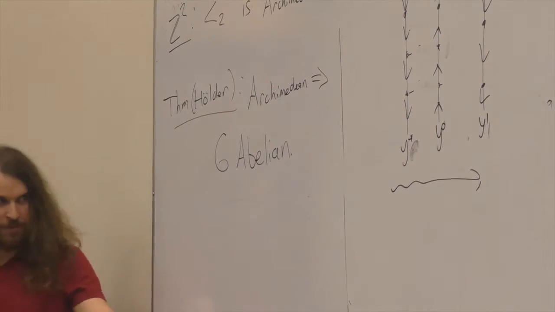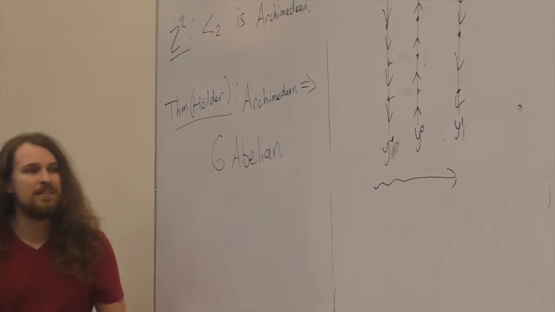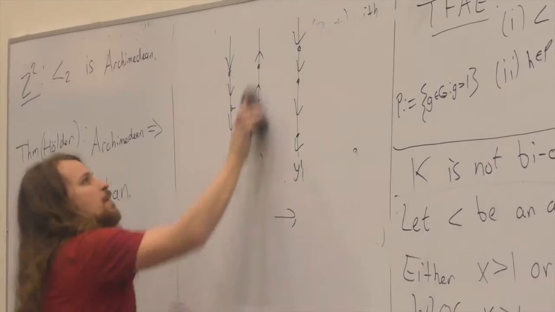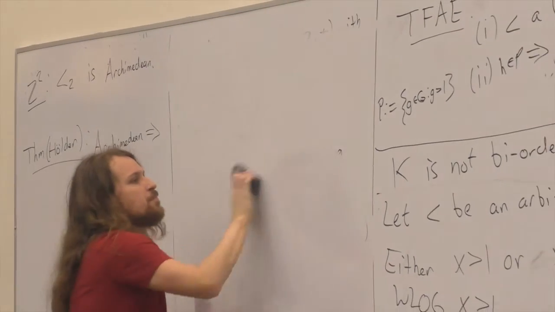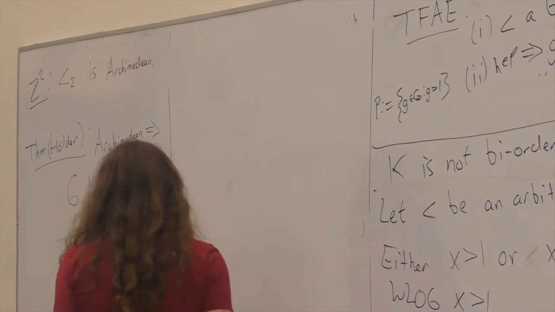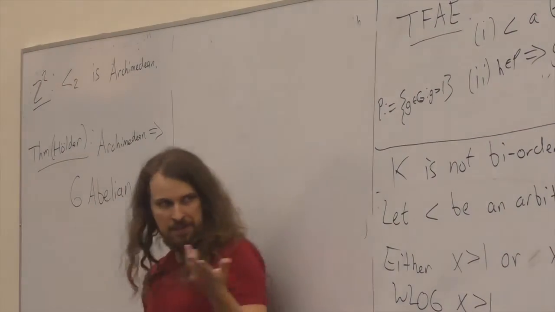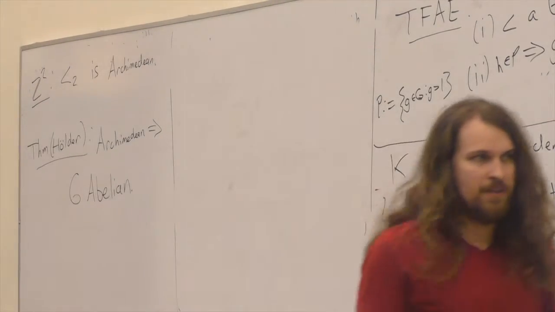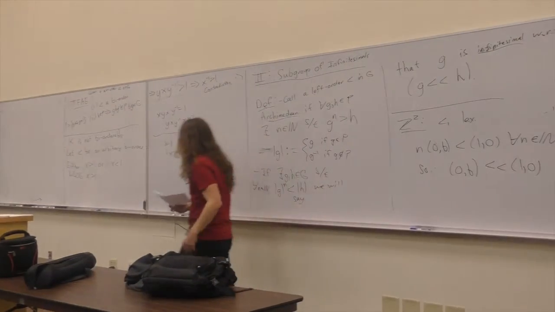This is very non-trivial to prove as well. The converse is false because Z squared is an abelian group that has this non-Archimedean order right here.